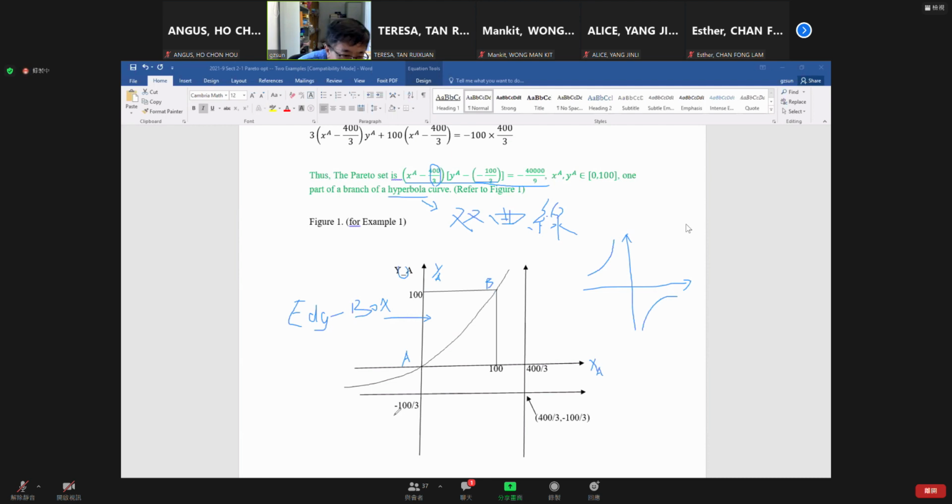This is negative 100 over 3 here. So therefore, we shift the whole framework to a new point, and then we draw the curve. One curve is here, another curve is here, but this curve is not relevant. Okay, we have another one. Oh, sorry, it's quite far away.